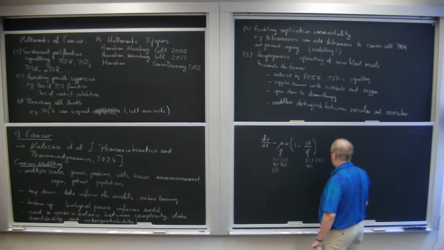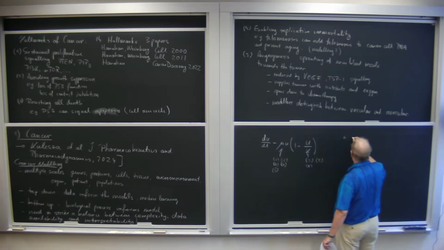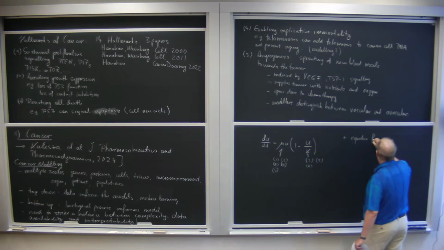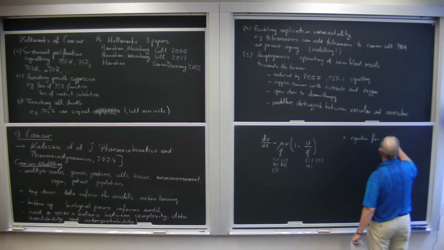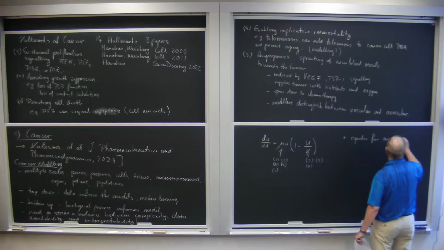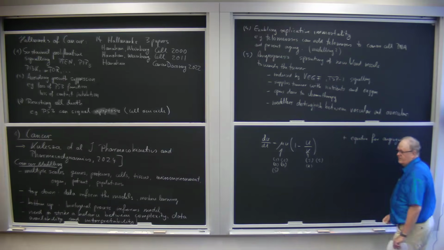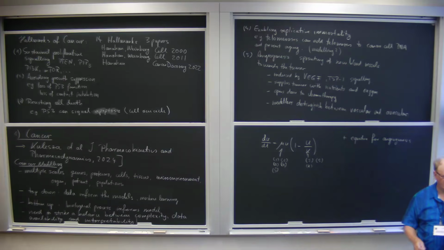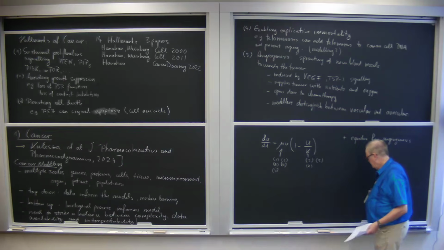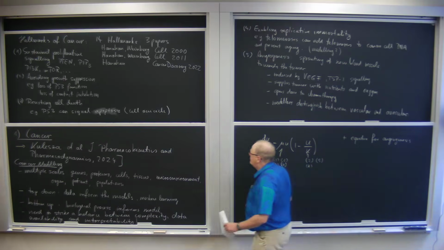Okay, so how do I do this? I add a closed equation for angiogenesis. So you say it could be an equation for the carrying capacity. Yeah. It could even be explicit equations for the blood vessels, how they grow in, or something as well. Yeah, very good. Awesome.